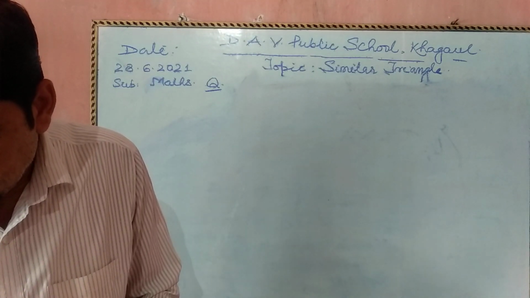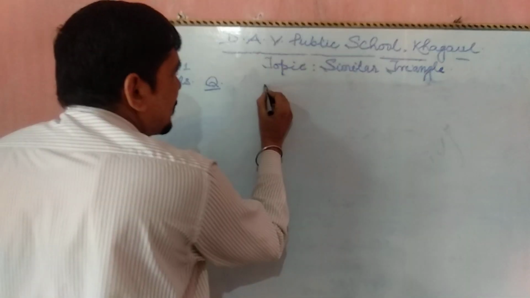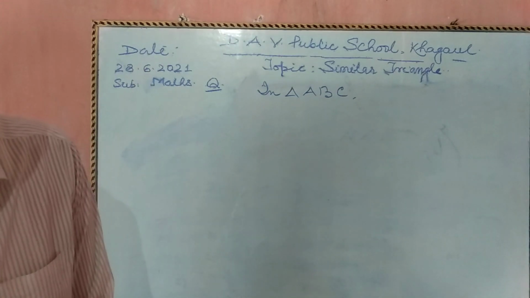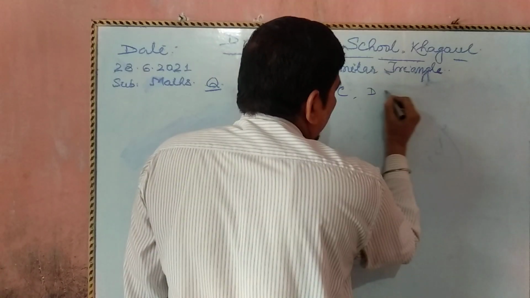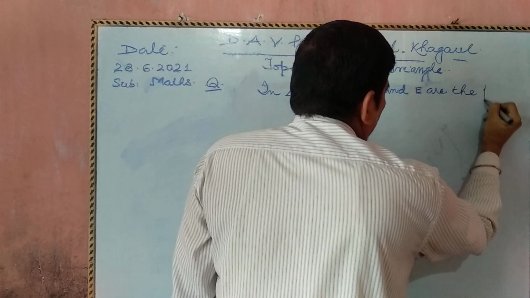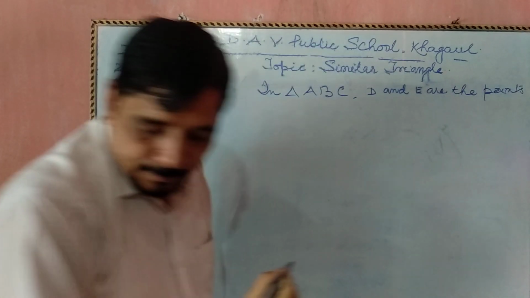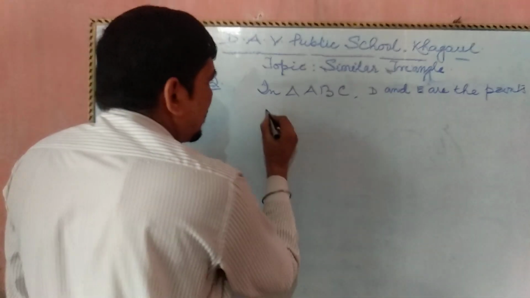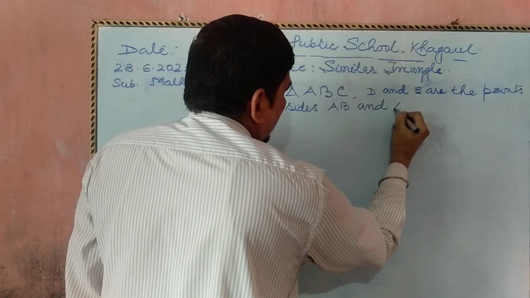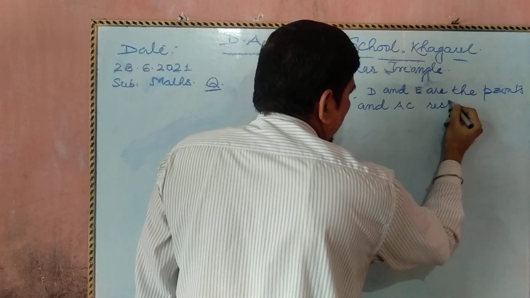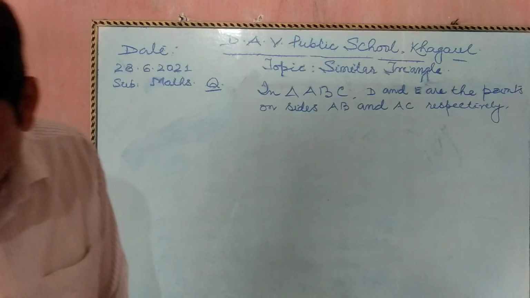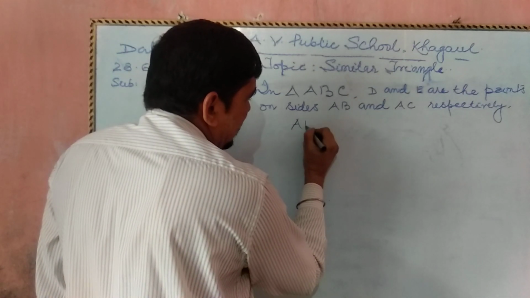Now write down the question. In triangle ABC, D and E are points on sides AB and AC respectively. The lengths of the sides are given.